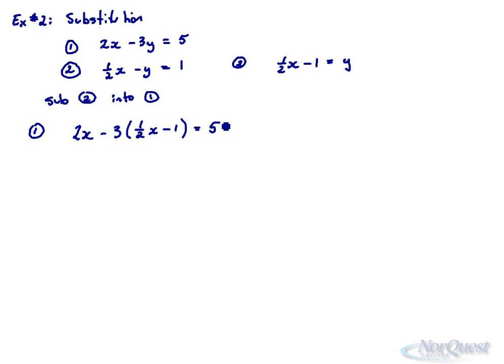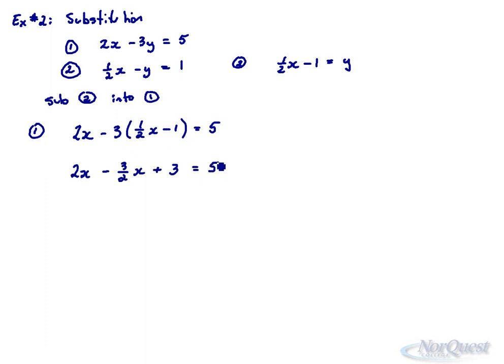Notice I'm now down to one variable, so I'm going to expand it, simplify it and solve for x. So I'm left here with 2x minus 3 times 1/2 gives me minus 3/2 x. Negative 3 times -1 gives me positive 3, equal to 5.